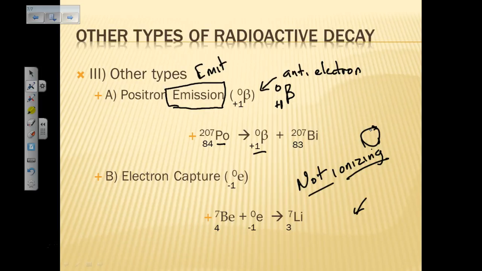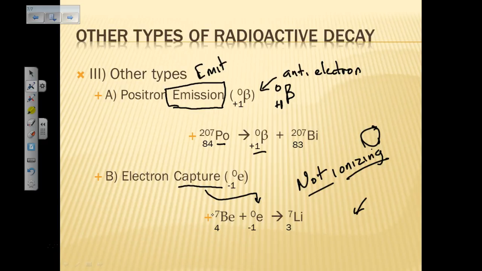The word capture tells us that the reaction has the electron on the reactant's side, and that we are capturing an electron. The electron is not being produced, rather it's being reacted away. We see these electron capture reactions with some of the lighter elements like beryllium.